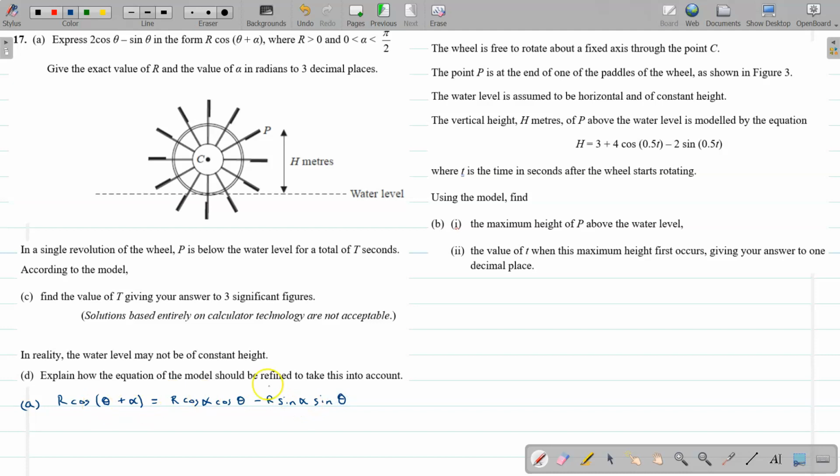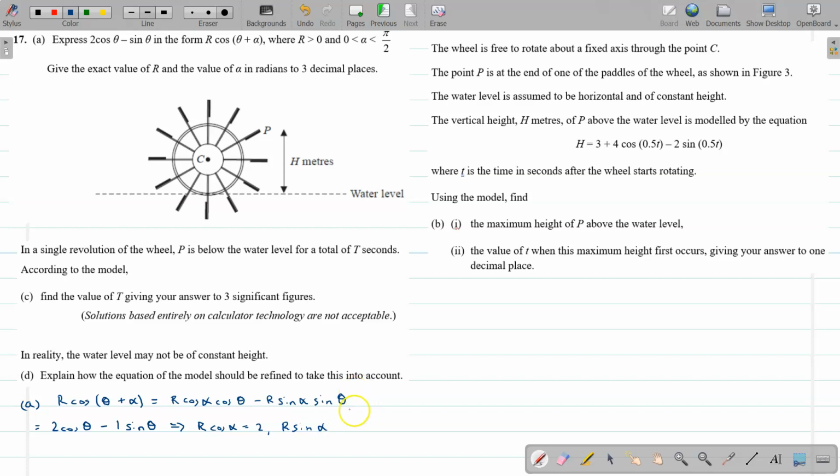And we've got to set that equal to 2 cos theta minus 1 sine theta, if you like. I'm just going to put the 1 in there just so we can compare coefficients. So basically the 2 is the same as r cos alpha. So r cos alpha equals 2. R sine alpha equals 1.